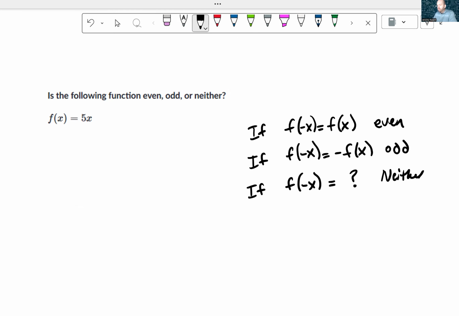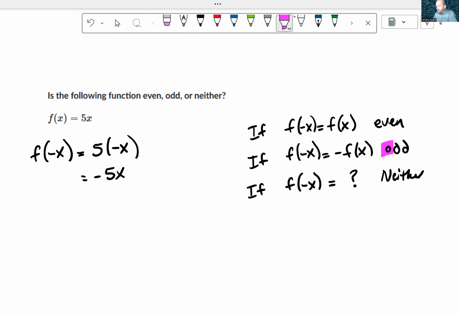So let's look at f of x equals 5x. Let's see what f of negative x is. We're going to plug in negative x everywhere we see x. This one's pretty easy. It's just going to end up being negative 5x. So what happened to our function is it became negative 1 times our original.